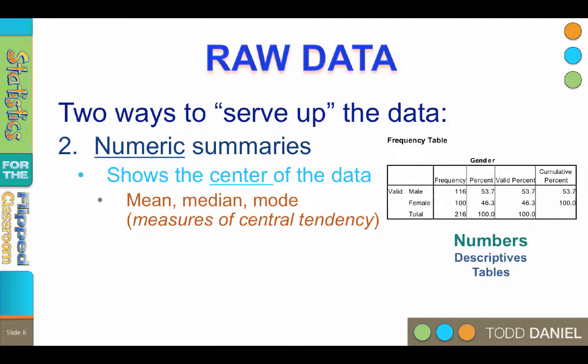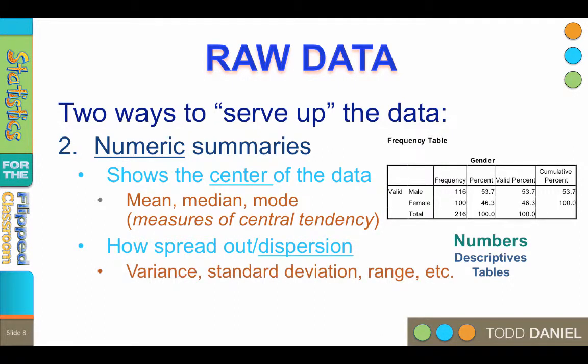In each of these examples, we are looking for a number that tells us something about the center of our data. We can use measures like the mean, median, and mode to find out what numbers are most representative of all of our data. These are called measures of central tendency, and they tell us where the center of our data tend to be. We also want to know about the dispersion of our data.